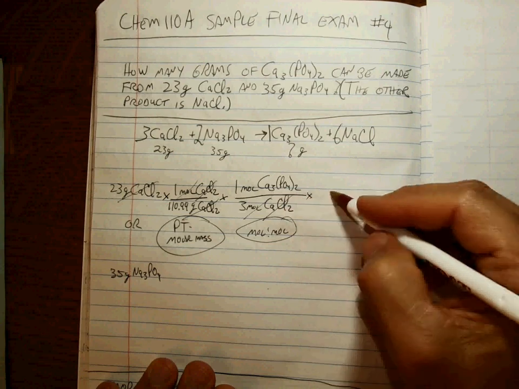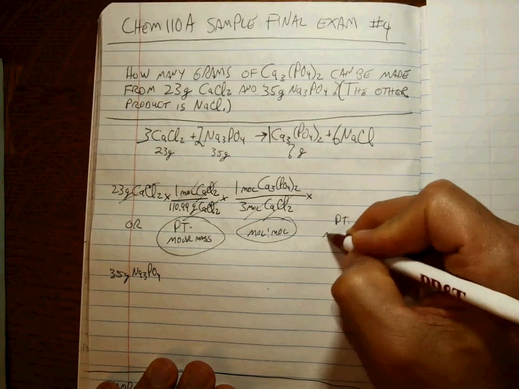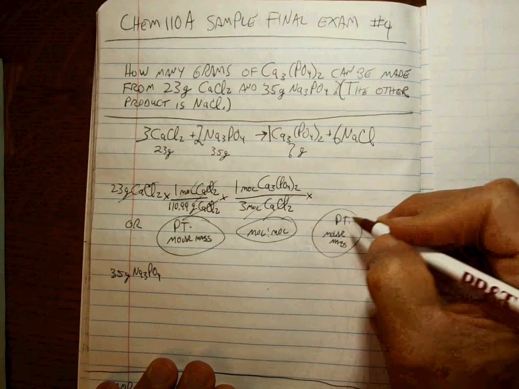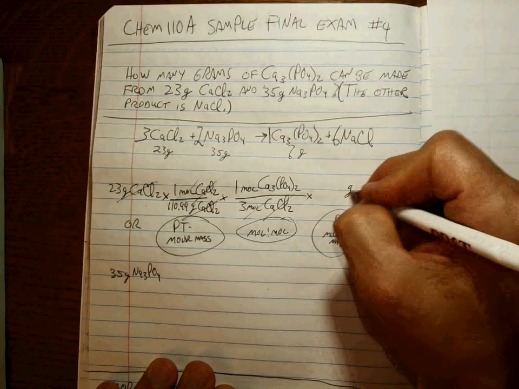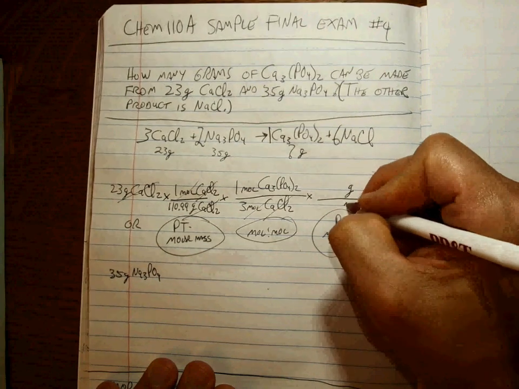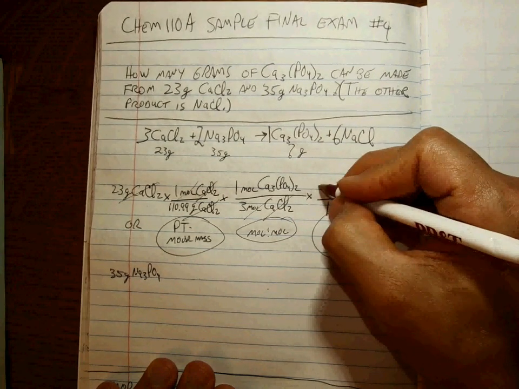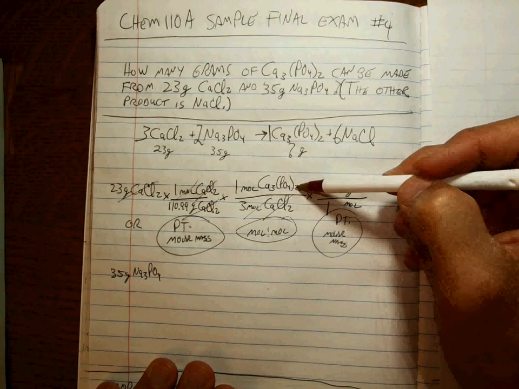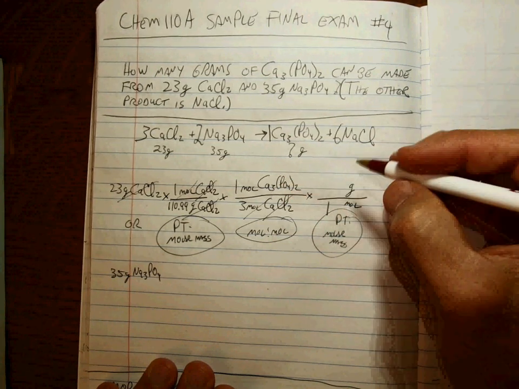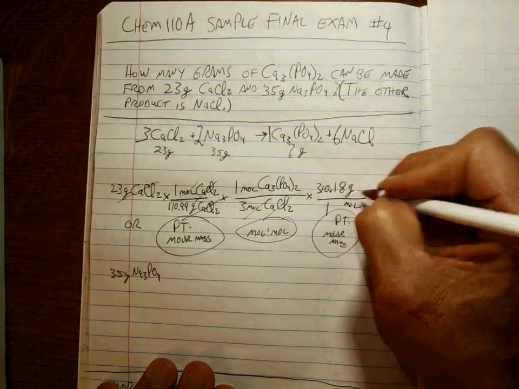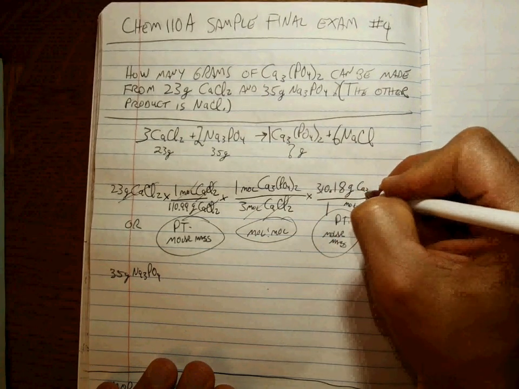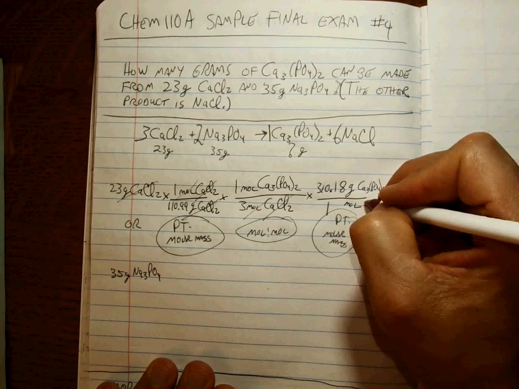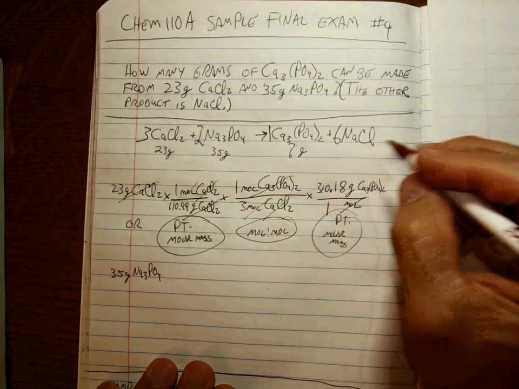To get from moles to grams, we use the periodic table again, making sure our units cancel out. How do we go about that? Grams has to be on top, moles has to be on the bottom, and whenever you add up 3 calciums, 2 phosphoruses, and 8 oxygens, you get 310.18 grams of the calcium phosphate for 1 mole of the calcium phosphate.